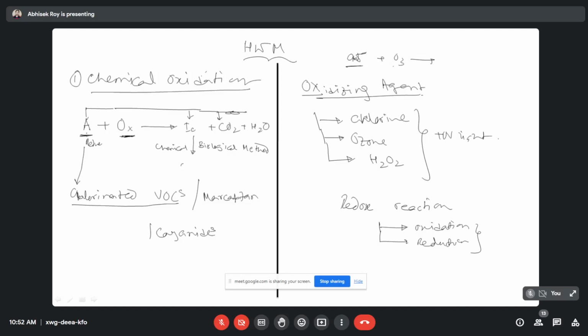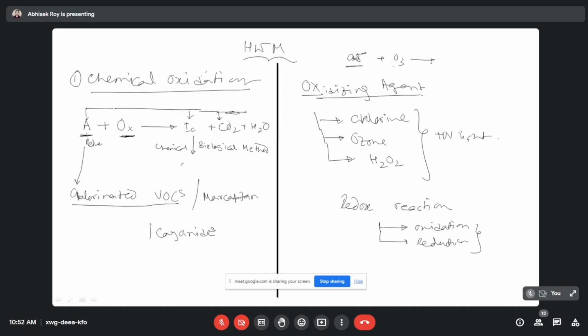Okay. So for that reason, obviously it will be economical, and its efficiency will be more, if the other compounds present in the water are in very less quantity.